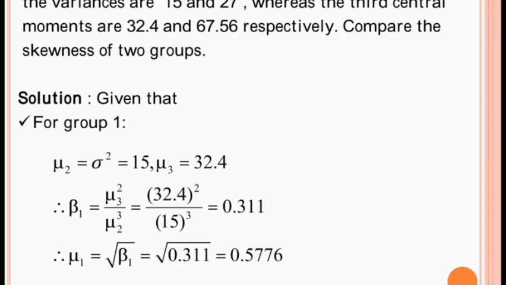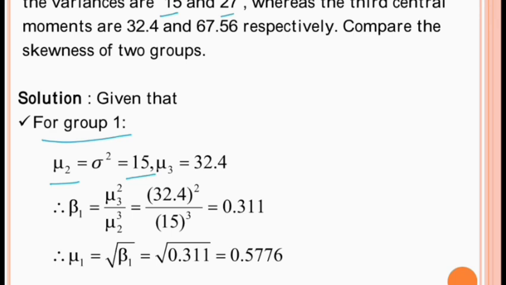Now let us move towards the other example. In a distribution of two different groups, the variances are 15 and 27. Here there are two groups, group 1 and group 2, and variances are given as 15 and 27. So for group 1, the variance, that is mu2, is given by sigma square, which is equal to 15.